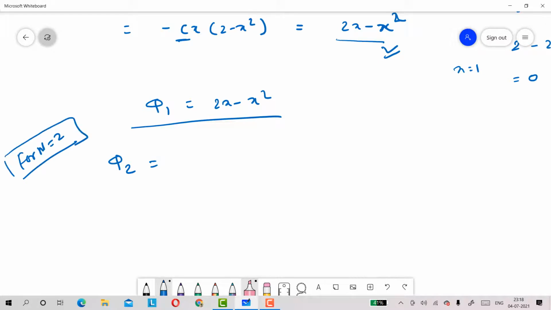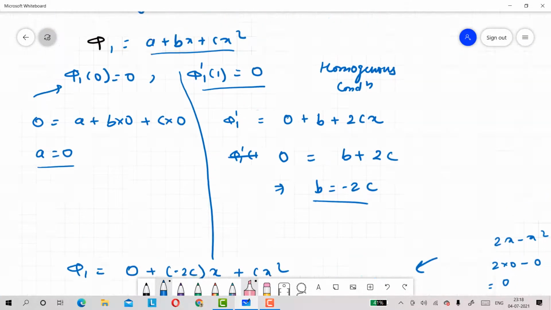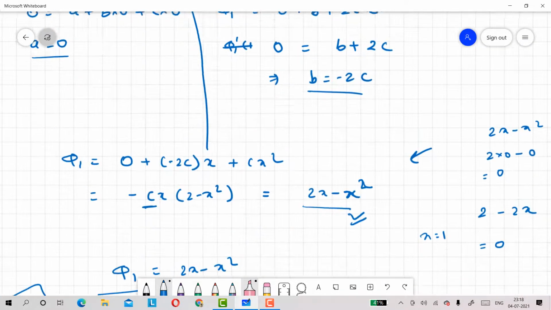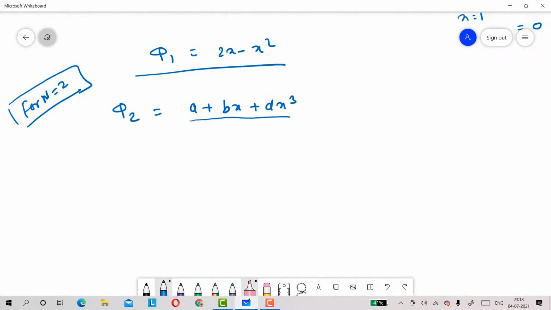Phi 2 will be a plus bx plus dx cube. In the earlier case we took a plus bx plus cx square. In this case, for a change, we are doing a plus bx plus dx cube. We put the boundary conditions as we did earlier, that phi 0 equals 0 and phi dash, the differentiation at 1, equals 0.